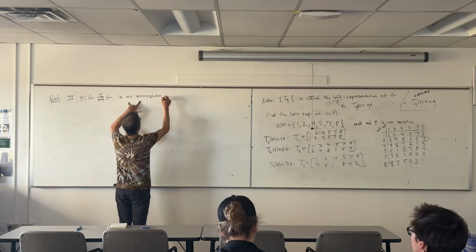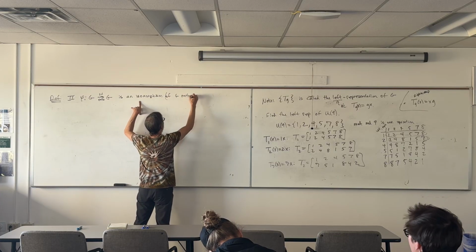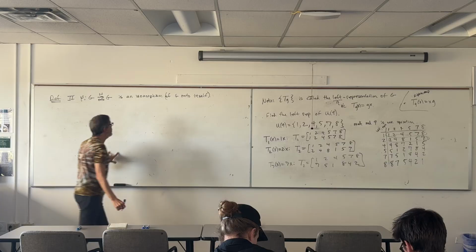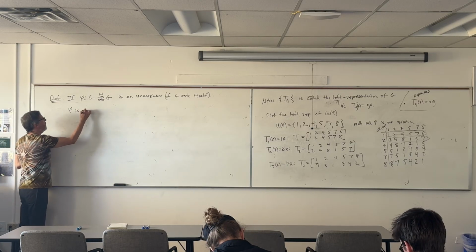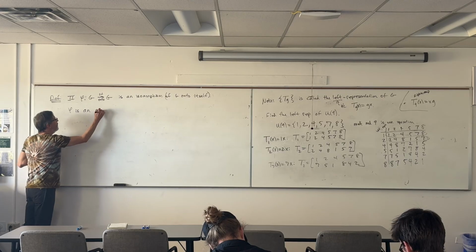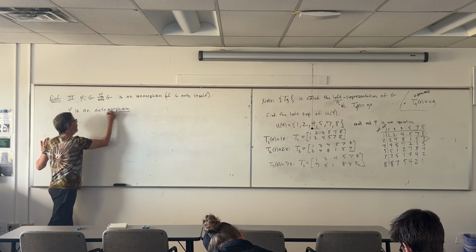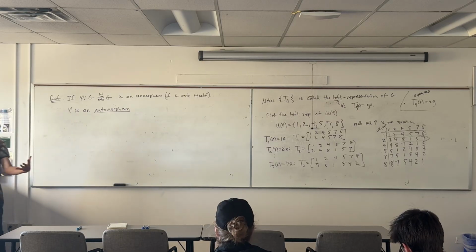It is an isomorphism of G onto itself, I'm just going to put that in parentheses, onto itself, phi is called an automorphism. So this word sounds fancy, but it's just an isomorphism from the group back to itself.